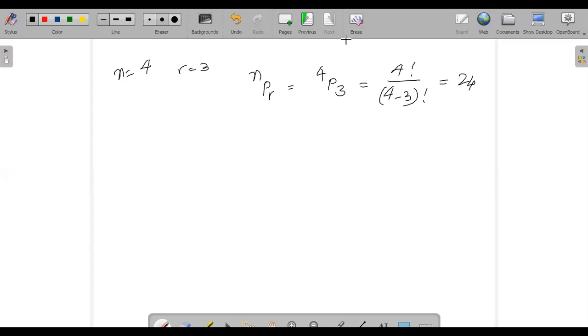This will be on, like, if I have to find the number of four-letter words that can be formed using the letters of the word CHEMISTRY. Okay, so let us put that.